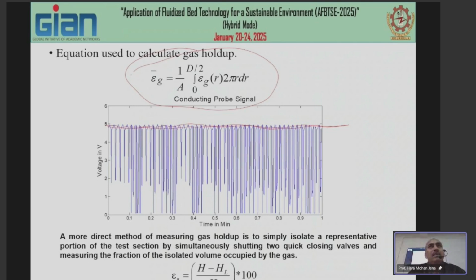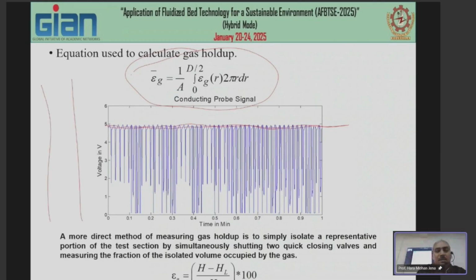As it stops, the gas will escape the bed, and only liquid and solid will be there. That means the liquid-solid bed height will be something.